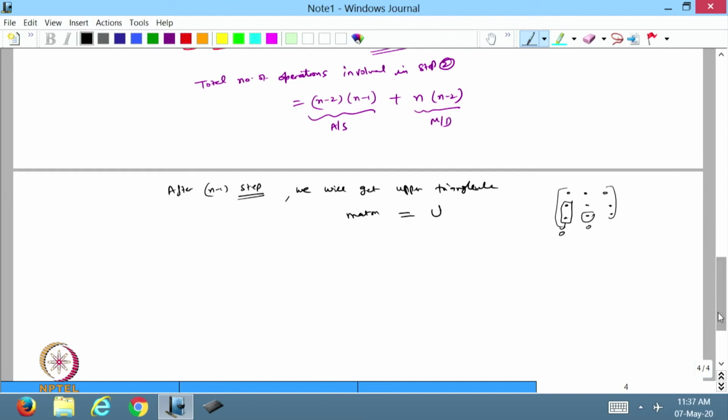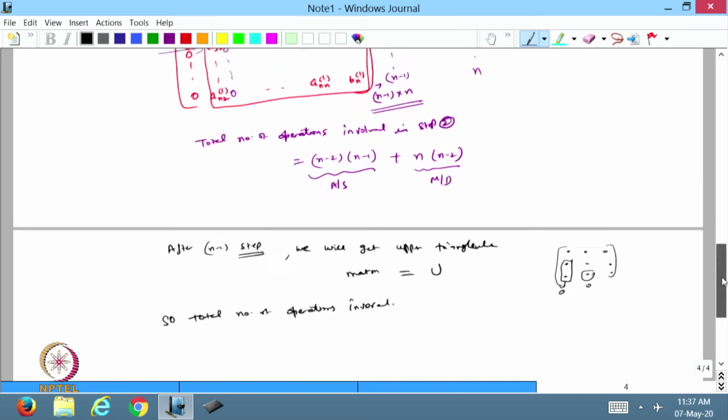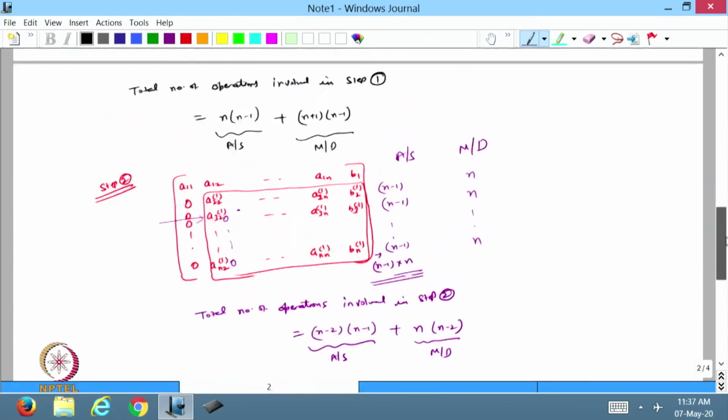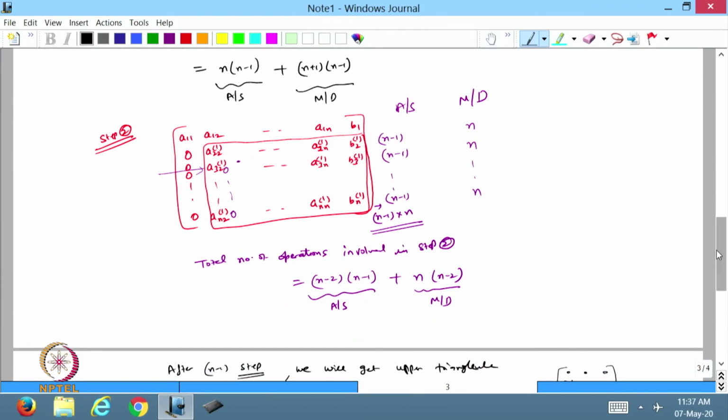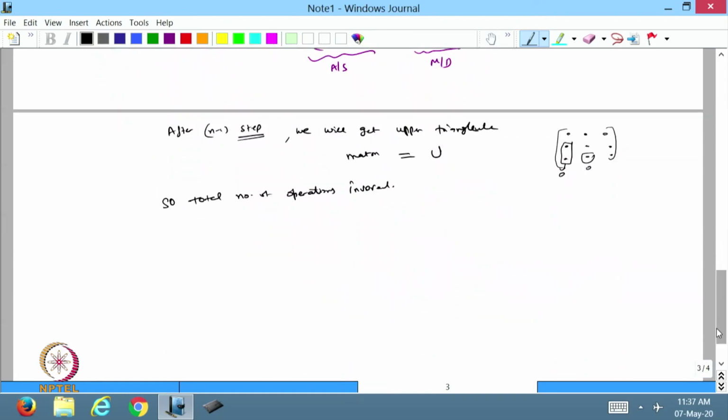So, in the n minus 1 steps now I want to find the total number of operations involved. So, I can add all these together. So, now n minus 1, n minus 2 to n minus 1 and so on. So, if you see from here, I can write the summation, this one I can write as i minus 1.